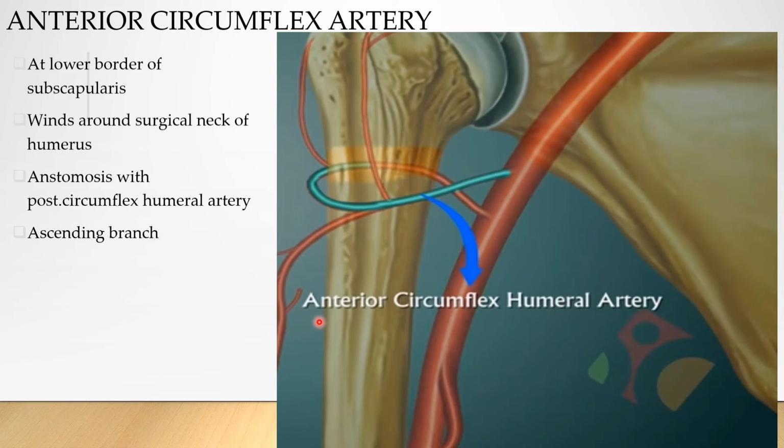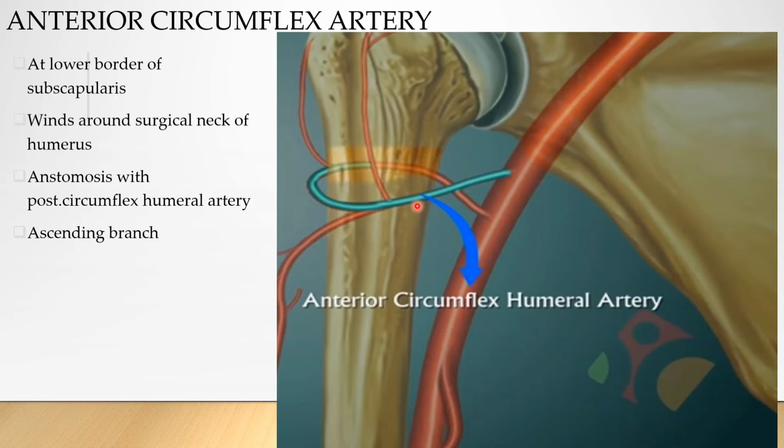Next, coming to the anterior circumflex artery. This anterior circumflex artery arises at the lower border of the subscapularis muscle and it winds around the surgical neck of the humerus. This is the most important artery while doing any surgeries or operations.